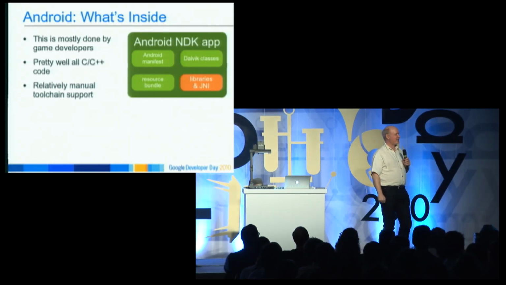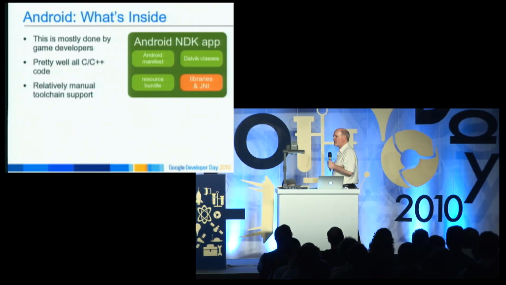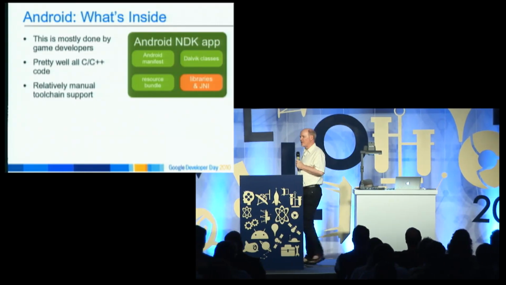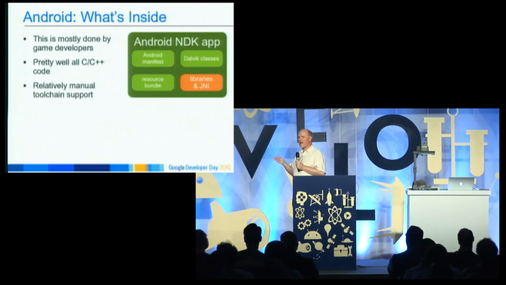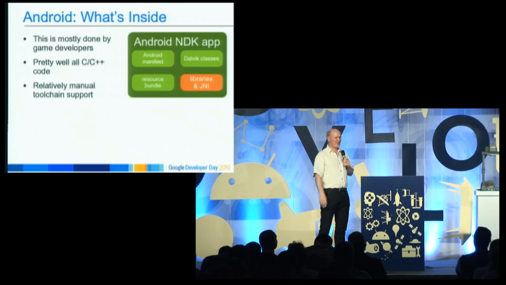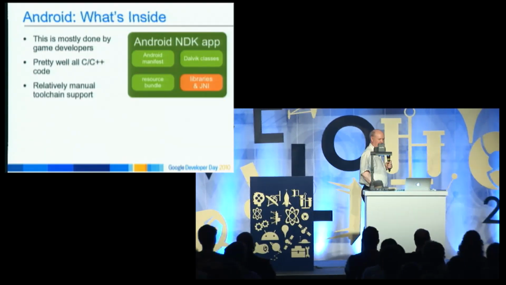These guys want to live entirely in C and C++. If you're going to do this, the tools aren't as sophisticated. You don't get the nice IDE, you don't get a lot of the tools, and you have to have your own Ant-based build system and so on. But game developers are tough anyhow. They're used to pain, so they do okay with this.